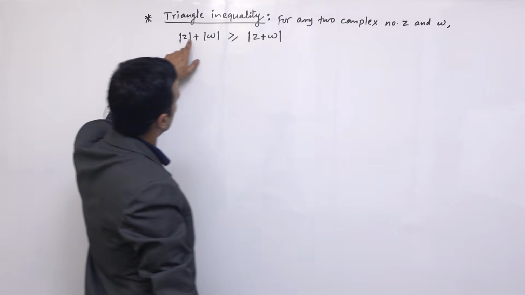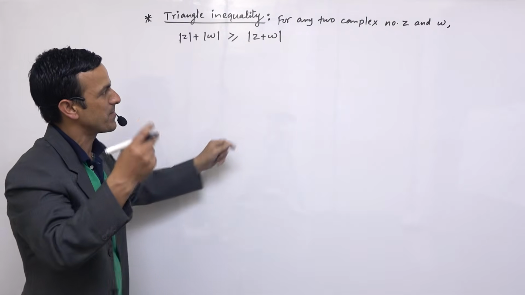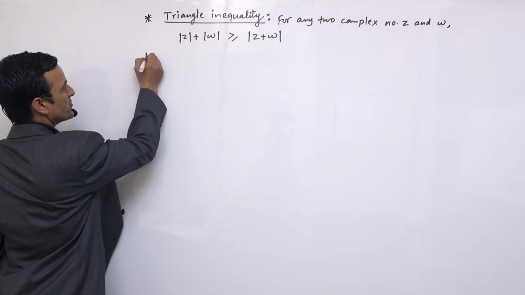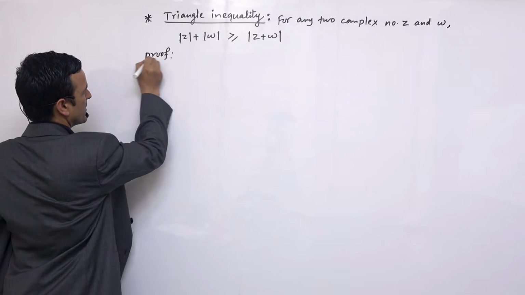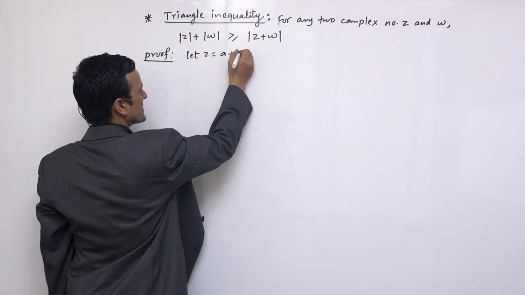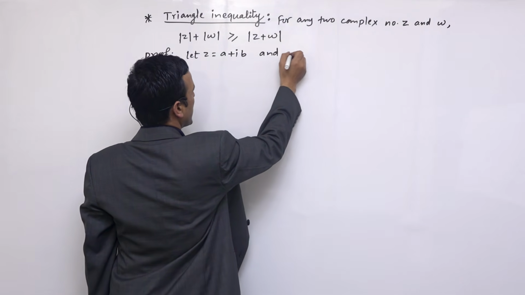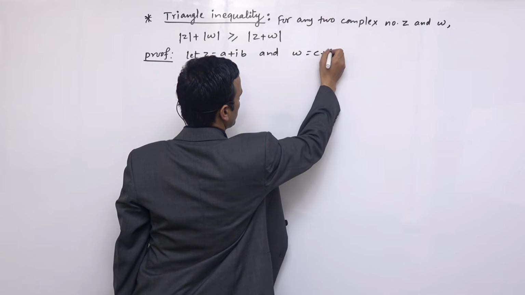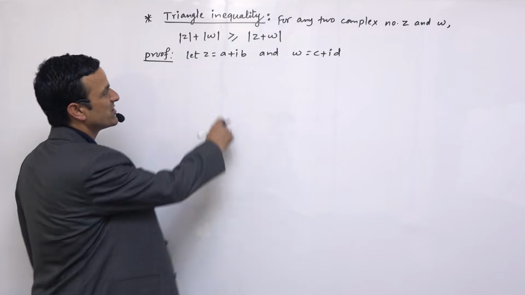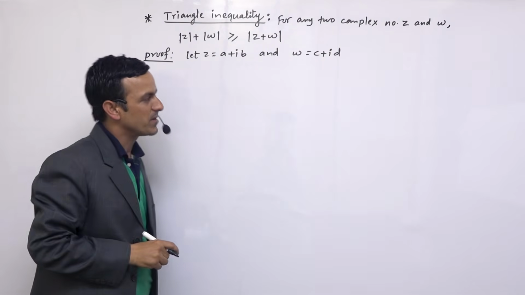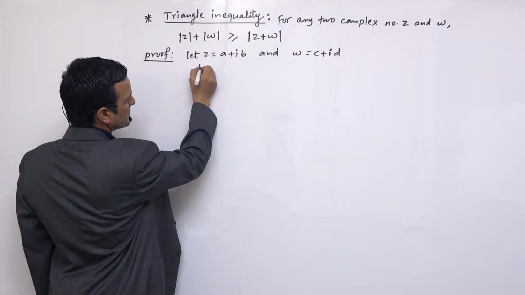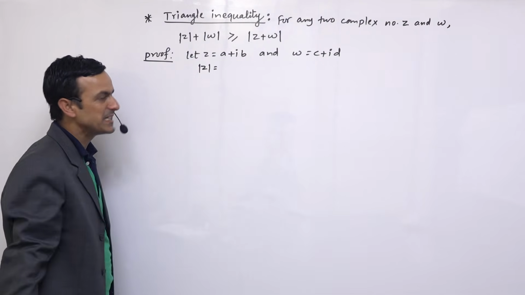For this property, we should take any two complex numbers z and w. So let's prove this property. Let z = a + ib and w = c + id. In this way, we can suppose z and w are any two complex numbers. Now we can find the modulus of z.